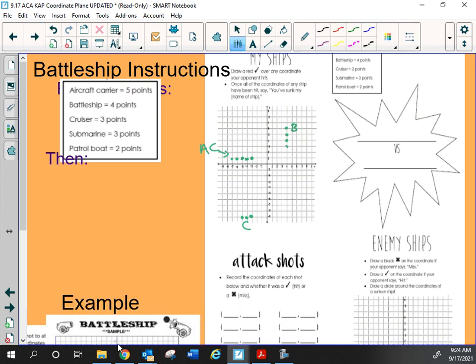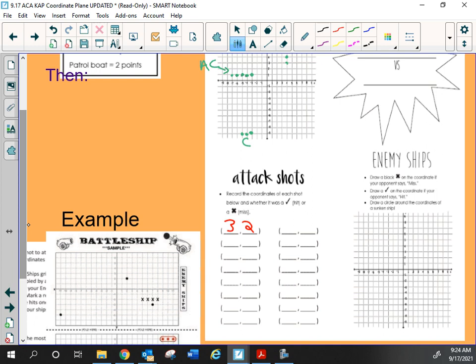Let's say I'm playing with Miss Navali, and she says, I'm going to attack you at 3, 2. That's her recording sheet. She's recording where she's hit. I look at my board and say, okay, at 3, 2, is that a hit or a miss? That's a miss, so she didn't actually hit it. Or maybe I'm aiming first, and I tell her 3, 2.